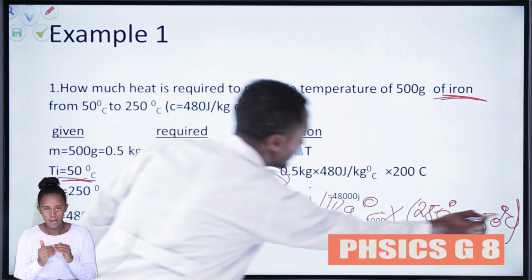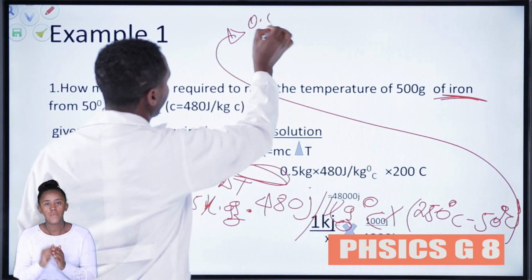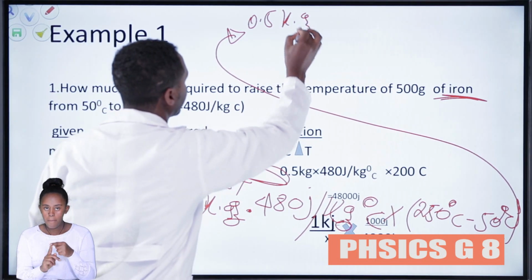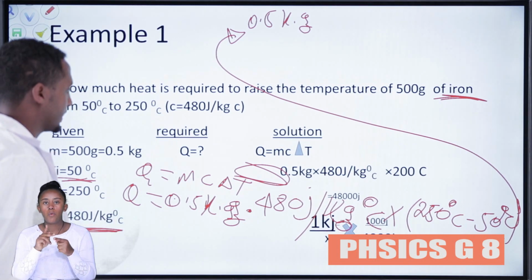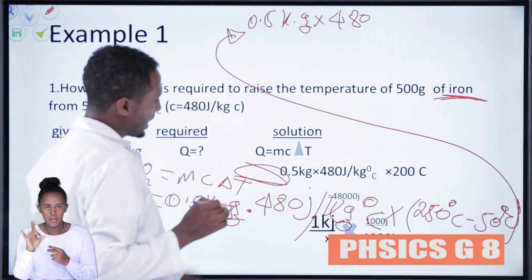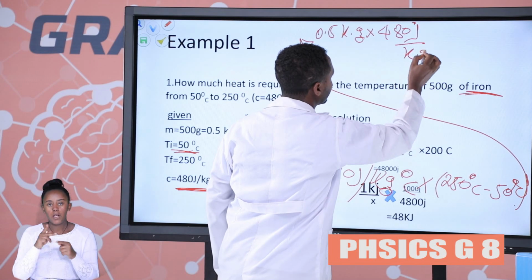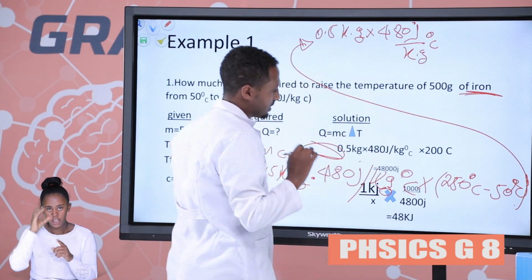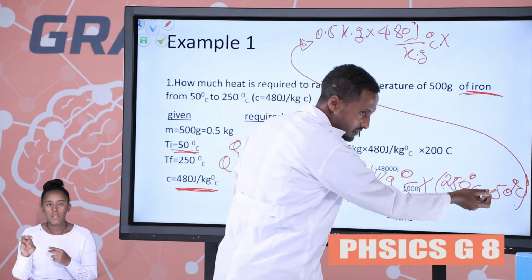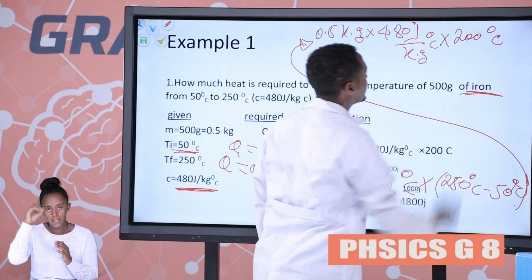Then 0.5 kilogram times 480 joule per kilogram degree Celsius times 250 minus 50, 200 degree Celsius.